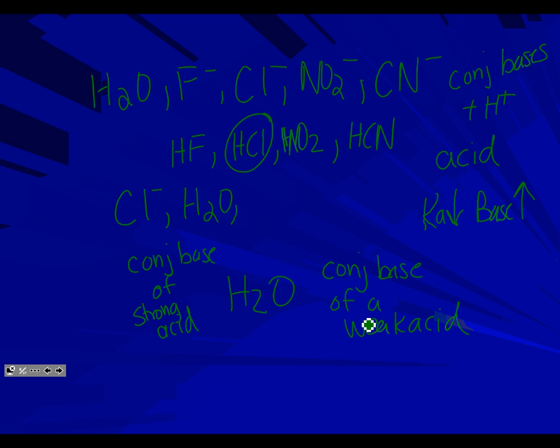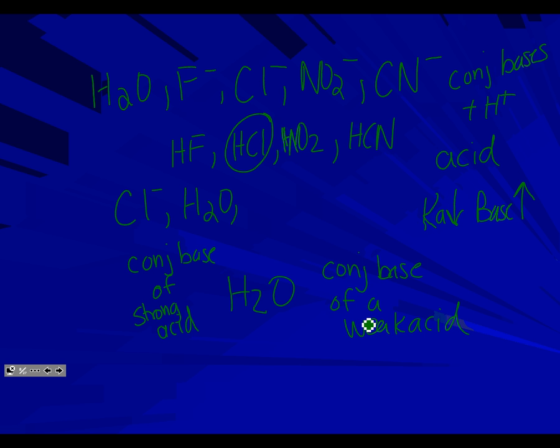And then these three remaining acids are all weak acids, but now we want to organize them from the strongest of the weak to the weakest of the weak. Because remember, as the K goes down, that means you have a weaker and weaker acid and a stronger and stronger base.